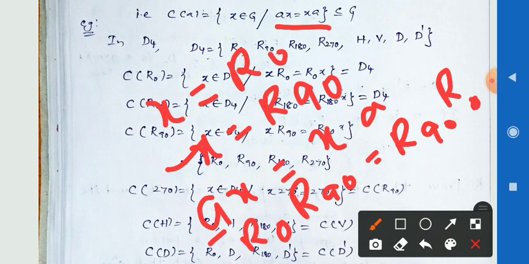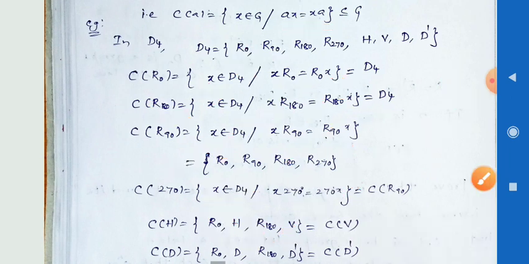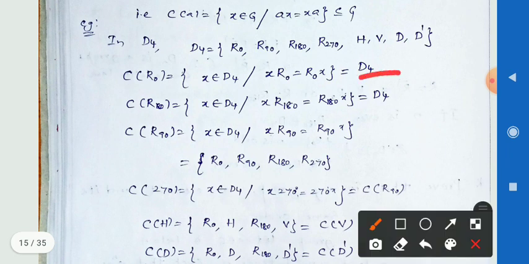If R0 into R90 is equal to R90 into R0, the values must be equal, then we get some values. The values are in D4. By multiplying, with X as R90, R180, R270, H, V, D dash, we get the elements.